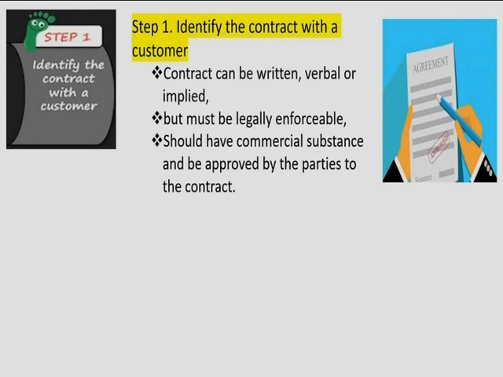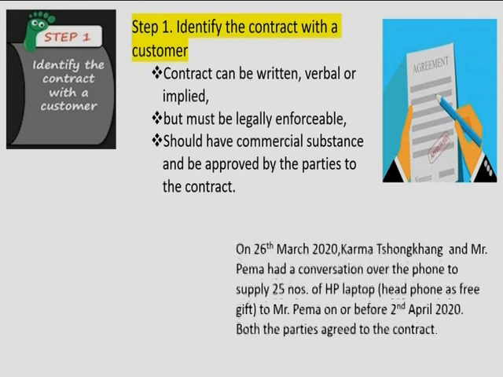Then the contract between the business and the customer should have commercial substance and must be approved by the parties to the contract. The parties to the contract here will be the business entity and the customers. So the agreement can be oral, written, or implied.